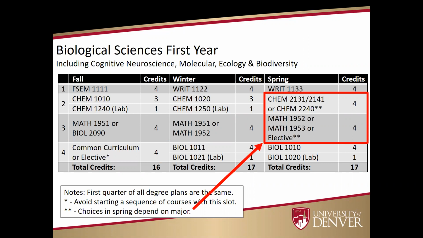By this time, you will already have a biology advisor. Your biology advisor will help bring you through all of your year-long quarter sequences, so you will know what courses to register for in your winter quarter and your spring quarter.